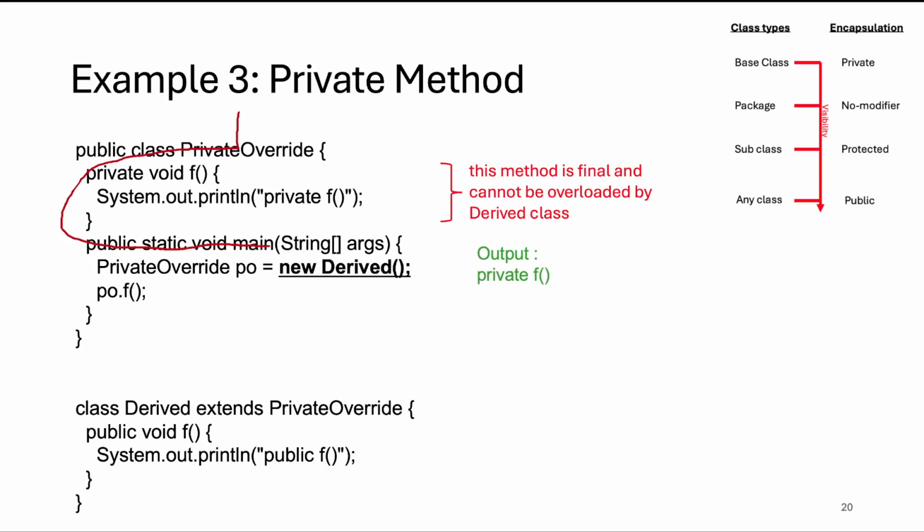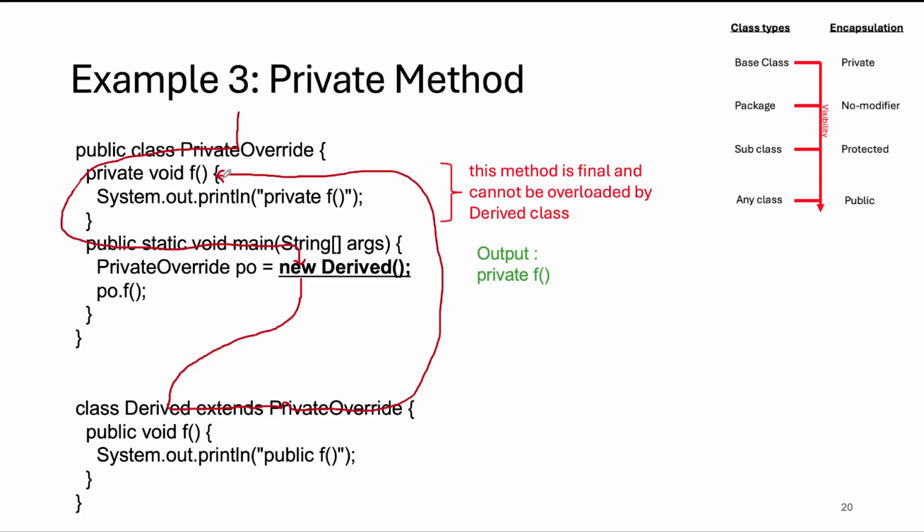Now it will come to this new Derived. Here we are creating the object for the derived class. The compiler goes to the derived class because of the keyword extends to the private class. It goes to the f function.